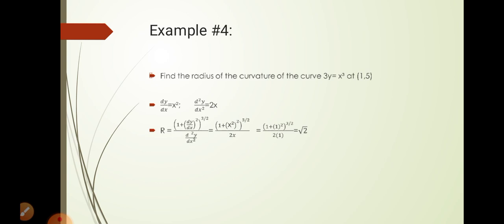It is equal to the quantity of 1 plus x squared squared to the power of 3 over 2 over 2x, which is equal to 1 plus 1 squared to the power of 3 over 2 over 2 times 1, which is equal to the square root of 2.